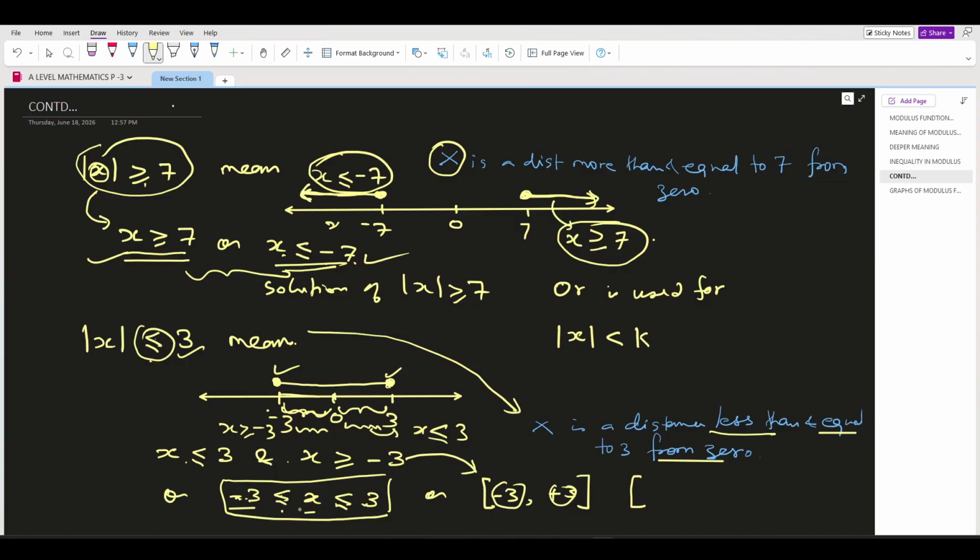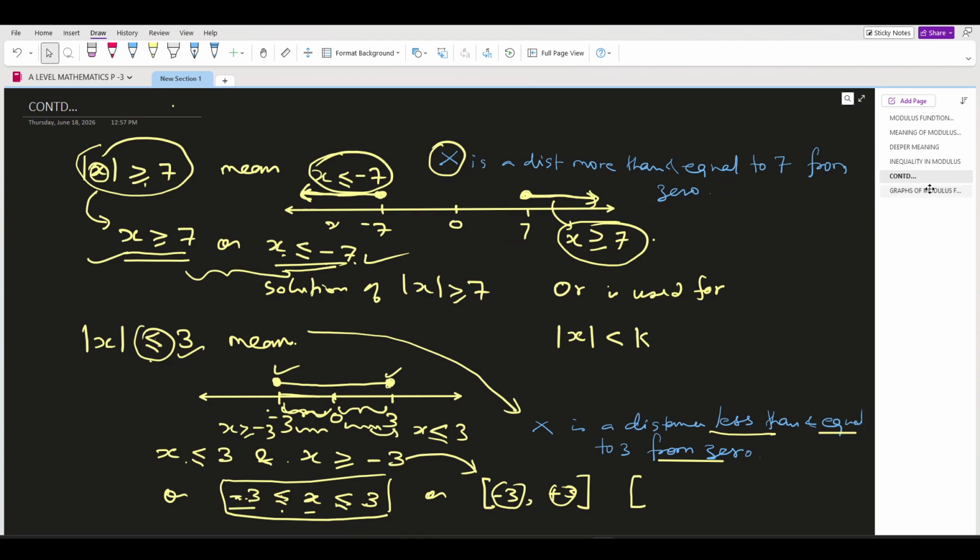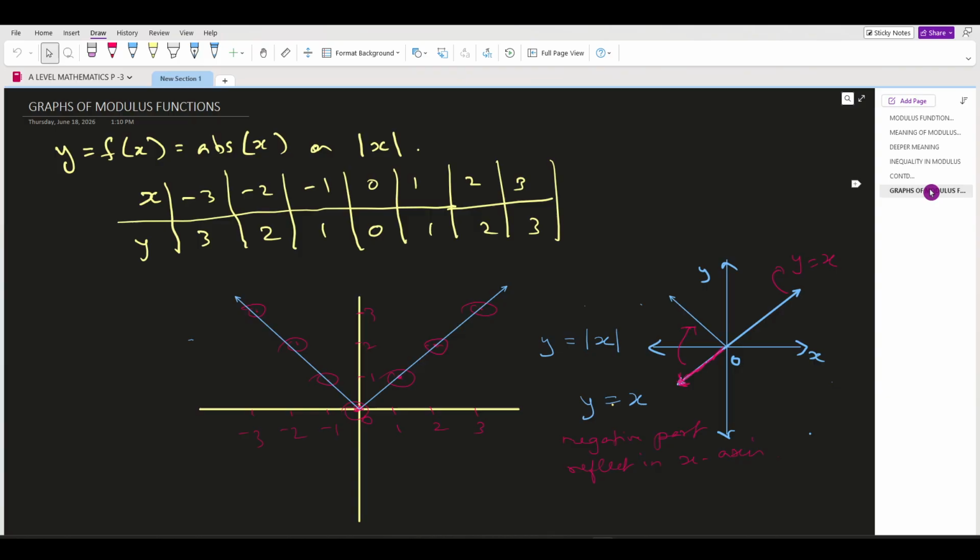So I think the meaning and the concept of modulus function and the meaning of modulus must be clear to you by now. Okay. Lastly, let me talk about the graph of a modulus function. Now, as I told you, y is equal to f of x is in general any function, okay, where x is the domain, y is the range of a function.